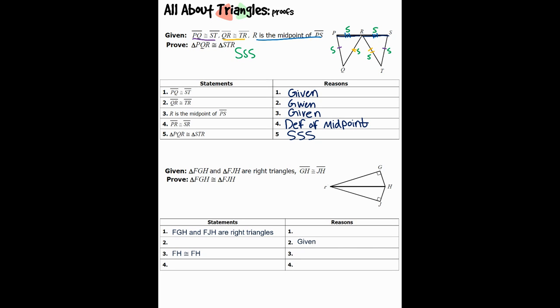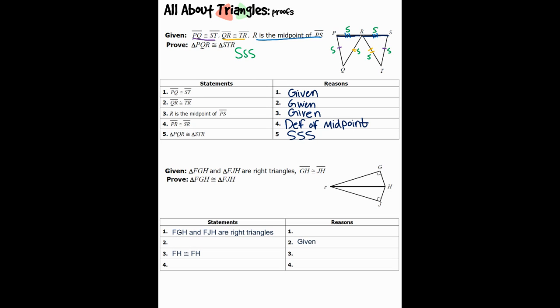So let's look at this next one. Again, label your triangles, your picture, to see what we've got, because you know how to figure out what theorem these are congruent by. So it's just a matter of putting it into some words in a box. We've got FGH and FJH are right triangles.